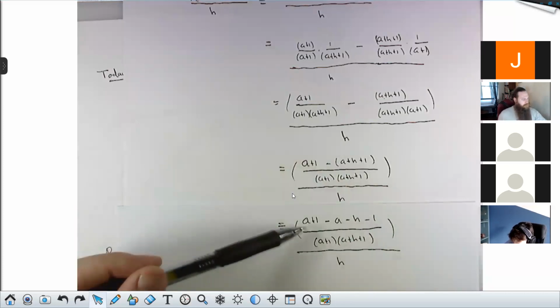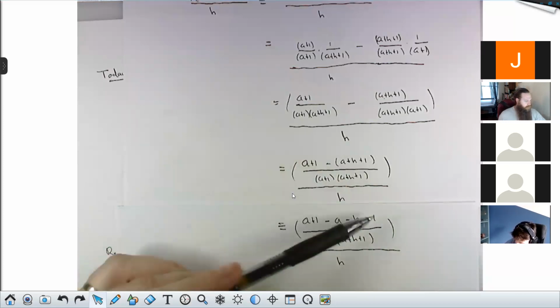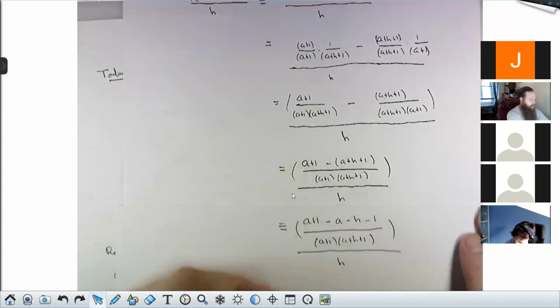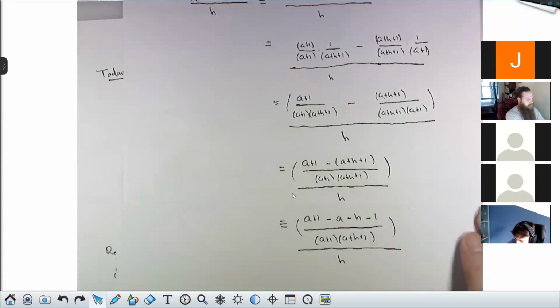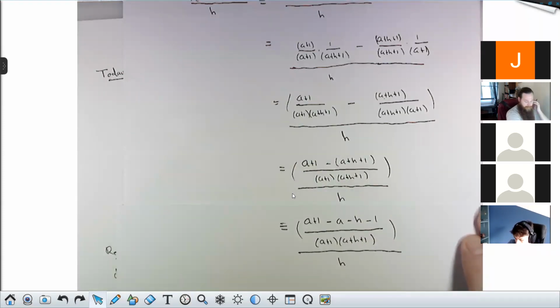So the positive a and the minus a here, those will go. I've got a plus 1 there and a minus 1, those will go. I'm going to move the page up in about 5 seconds.